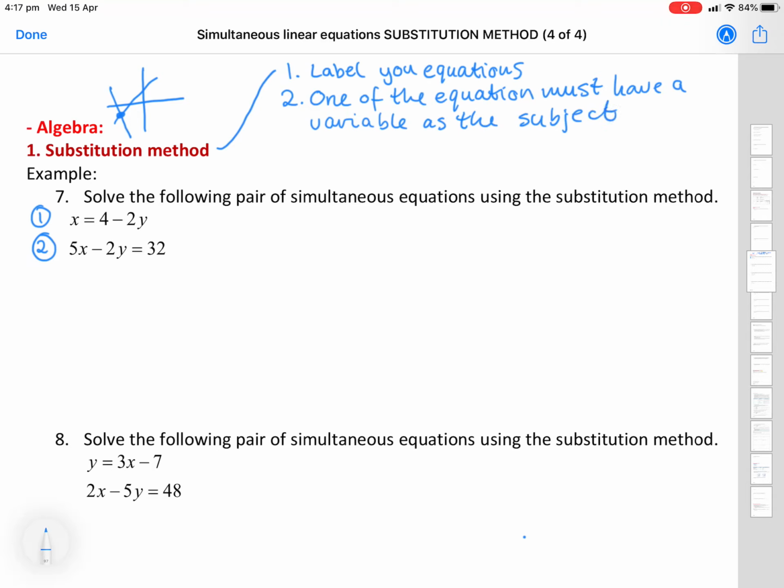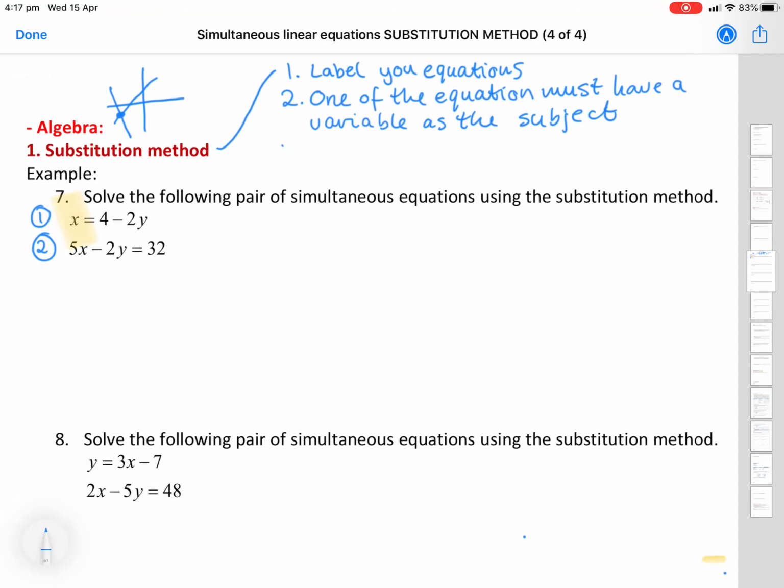What that means is that one of these equations, here I've got 1 and 2, needs to have a variable, so x or y, as the subject, so on its own, on one side of the equal sign by itself. Out of these two equations, we can see that number 1 has the x on its own. So that means we can use the substitution method, which we will be doing.